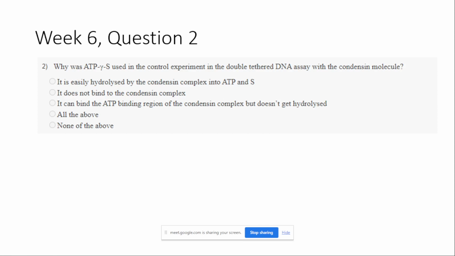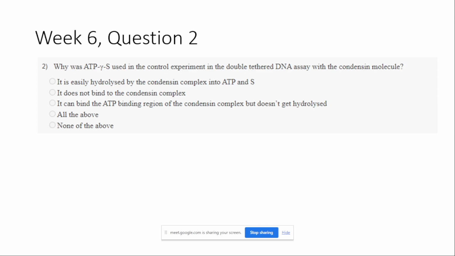If your protein, like condensin here, requires ATP as a cofactor, then ATP should be present in the form of ATP. But normal ATP will be easily hydrolyzed. After hydrolysis, ATP will be converted into ADP and Pi, right? ATP hydrolysis is a spontaneous reaction, so it will occur readily.